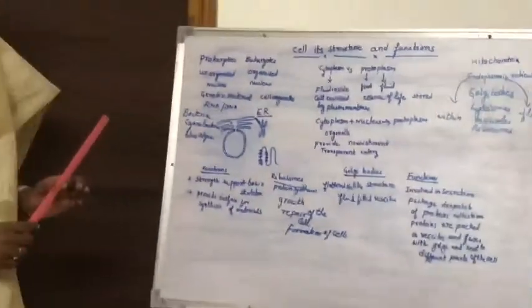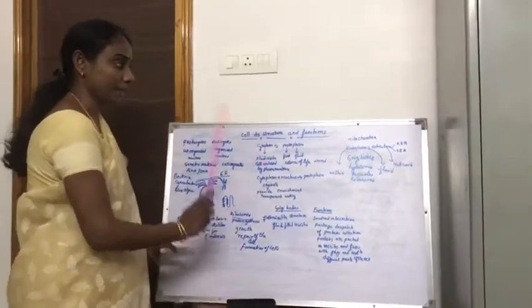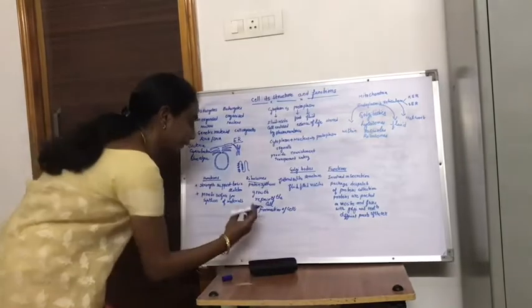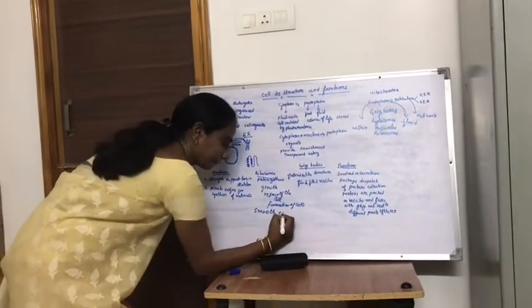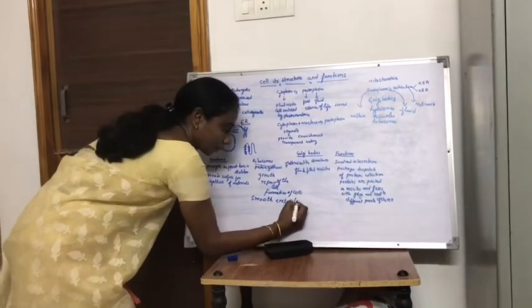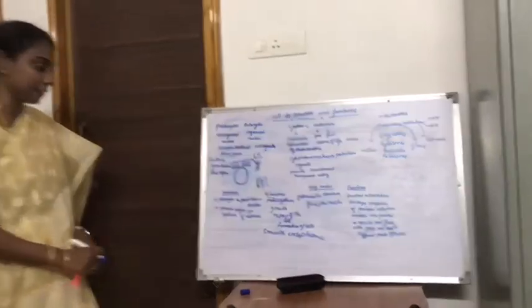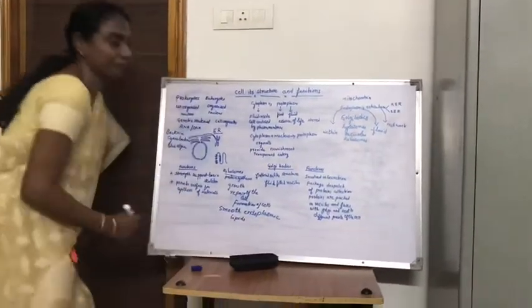There is another type of endoplasmic reticulum where ribosomes are absent. Such type of endoplasmic reticulum we call smooth endoplasmic reticulum. The smooth endoplasmic reticulum's function is lipid synthesis. Lipids are also called fats.